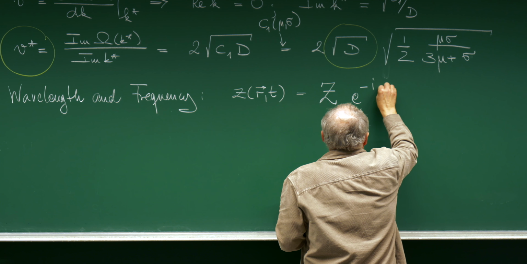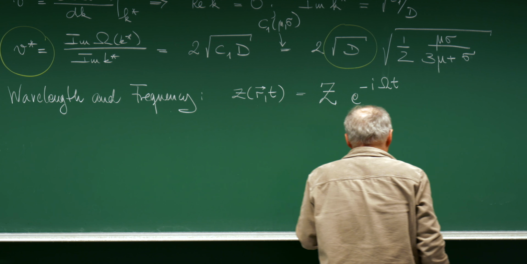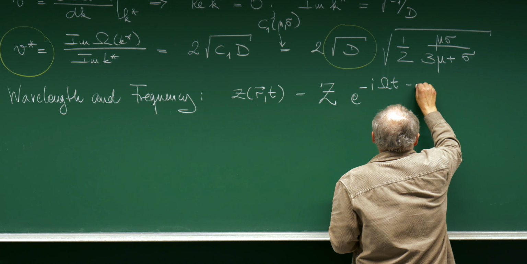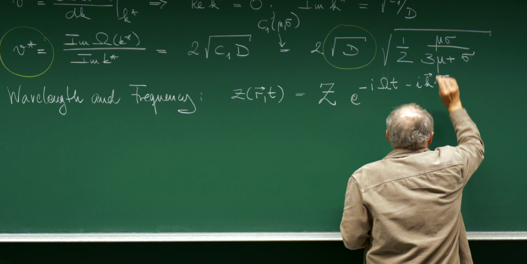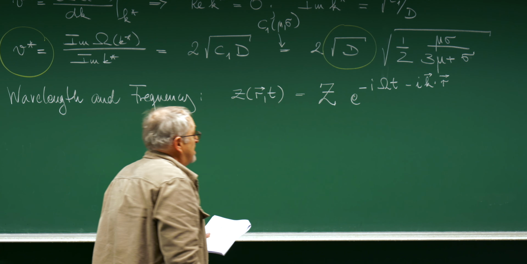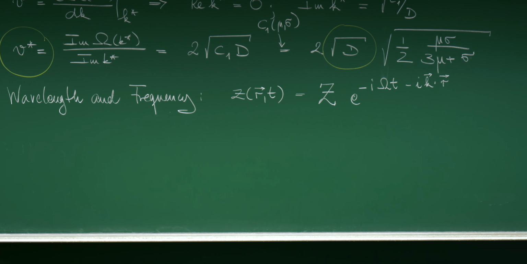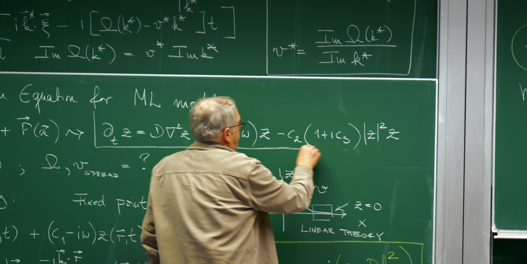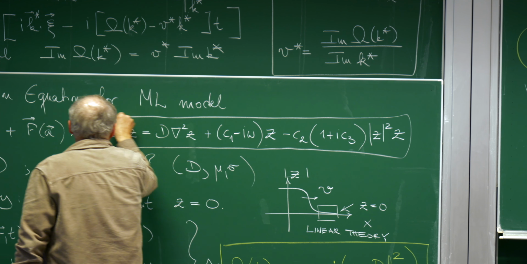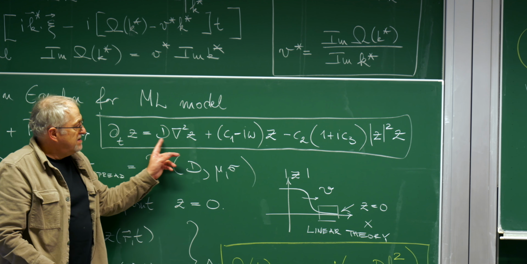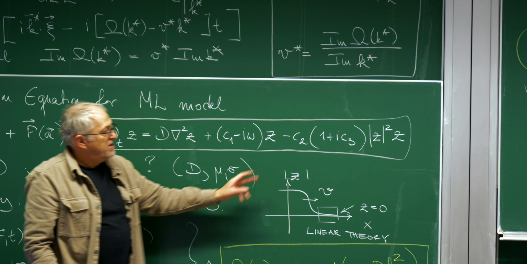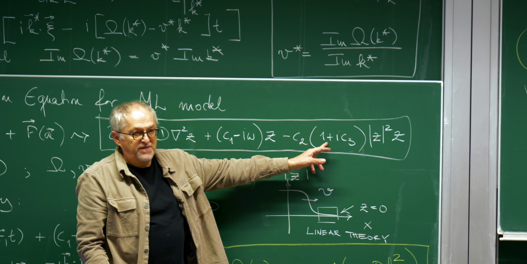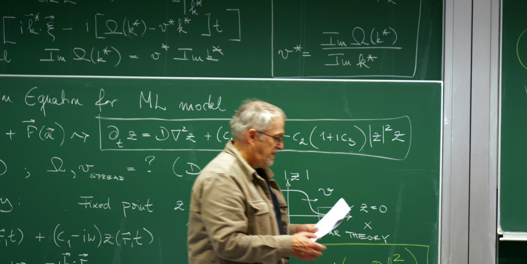And let's write it in the same way as e to the minus i omega t minus i k times r, and insert that ansatz into our complex Ginzburg-Landau equation, so here. And when you insert it there, you see you recover just the linear part as we had it before. And on top, you also get now a contribution from the nonlinear term.